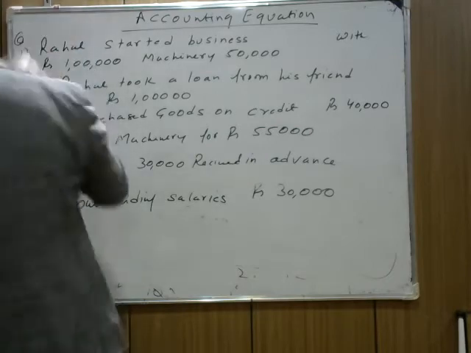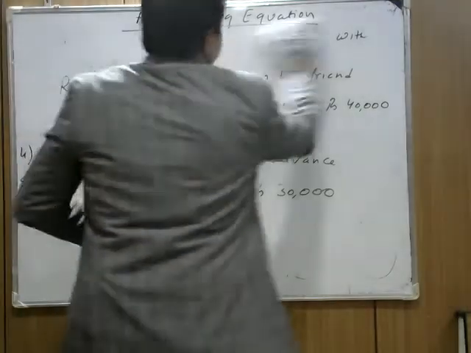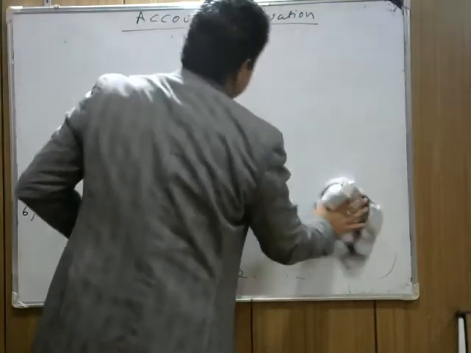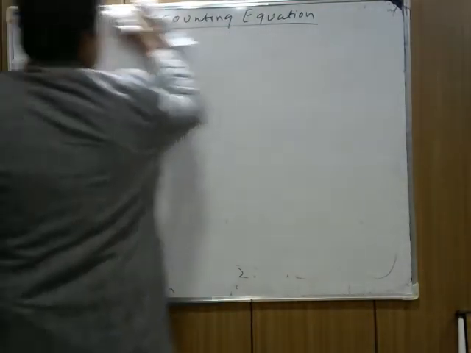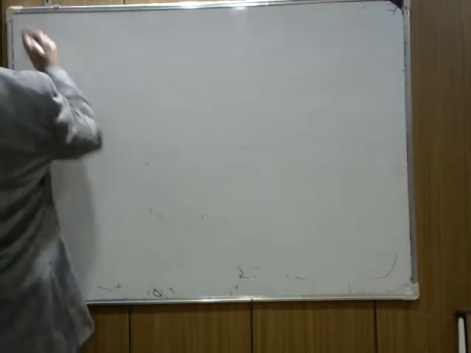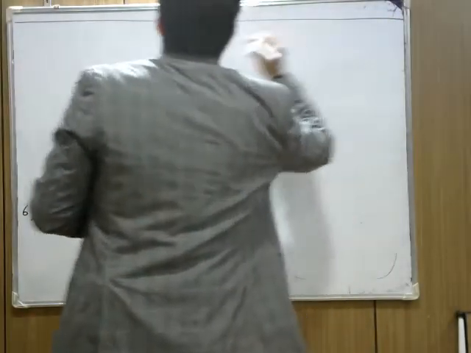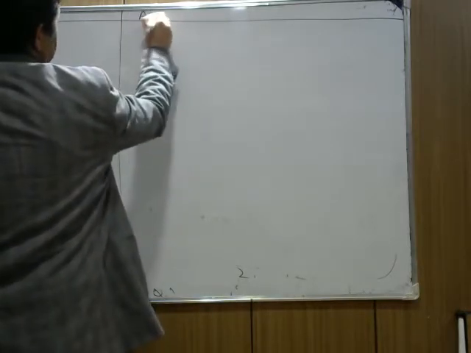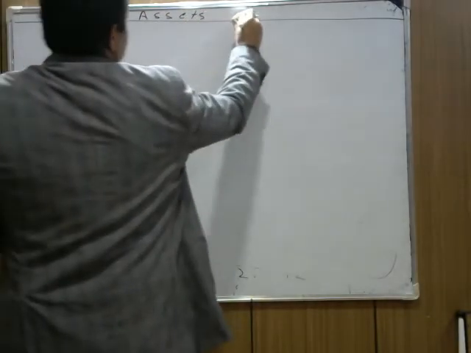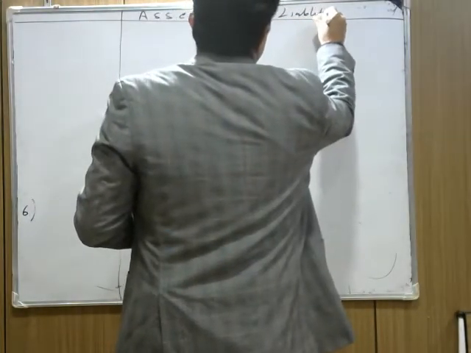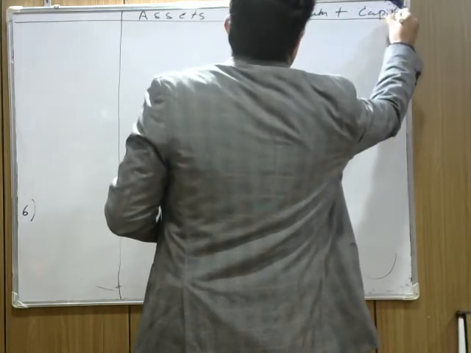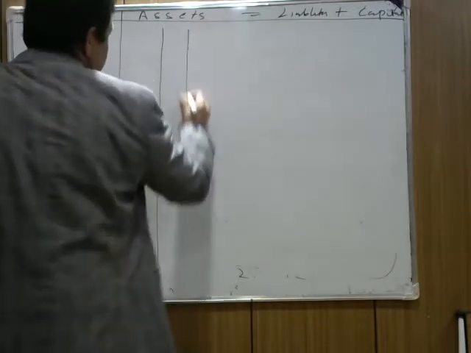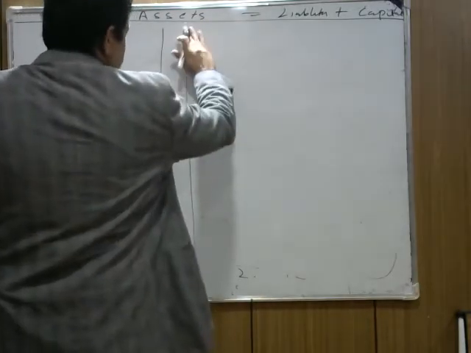Okay, now I need to rub this and then we'll solve the question. First make the column, identify the transactions. First thing, we write transactions over here, then we write assets is equal to liabilities plus capital. Here we make different columns: cash, stock, and we have machinery also.